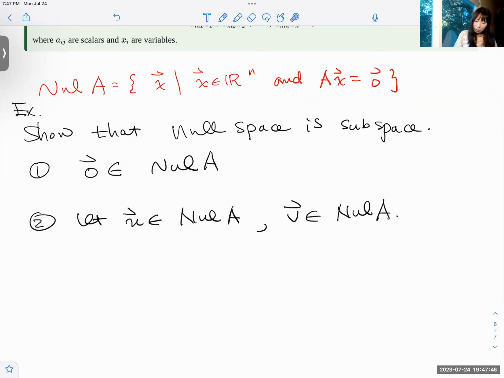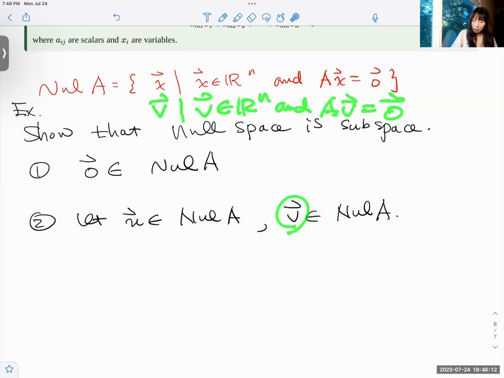Look, U is in there, then U is in Rn and AU equal to 0. Same as V, V is in Rn and AV is the same 0 vector.